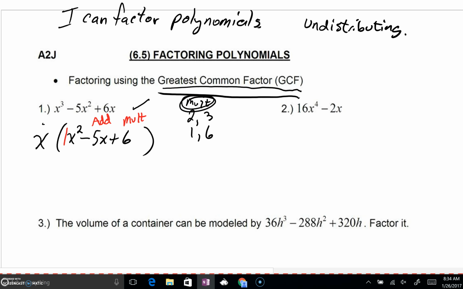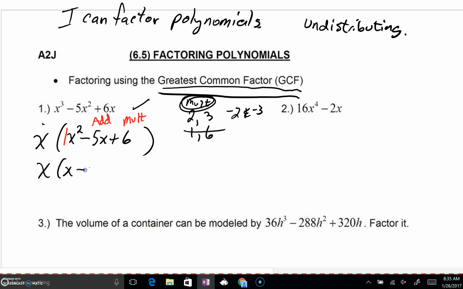So what do you think we could find here to make this work? What two numbers would do it? 2 and 3. But if they're both positive, they wouldn't add to negative 5, right? Make them both negative. Very good. You'd want negative 2 and negative 3 in there.